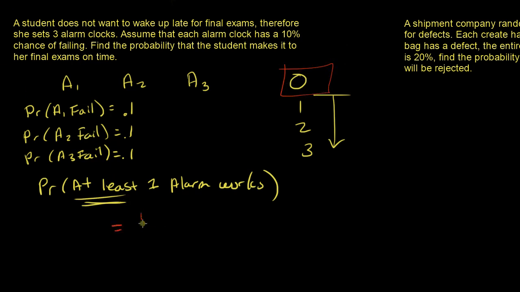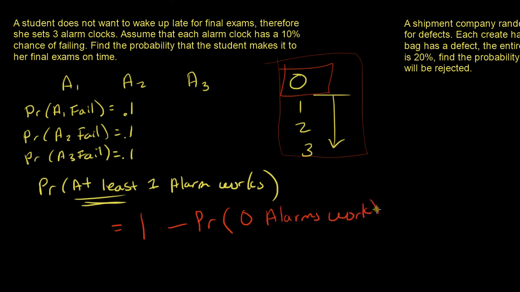So 1 minus, remember the total probability is 1, so 1 minus the probability that 0 alarms work. So 1 minus the probability that none of the alarms work. At least 1 is 1 minus none. Whenever we see at least 1, always think 1 minus none.